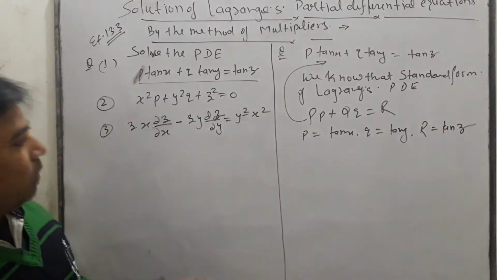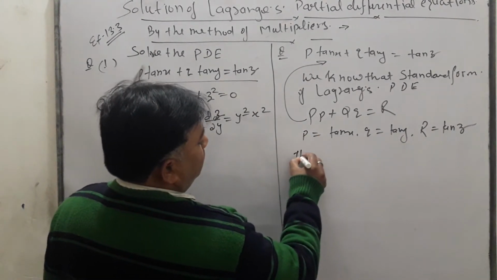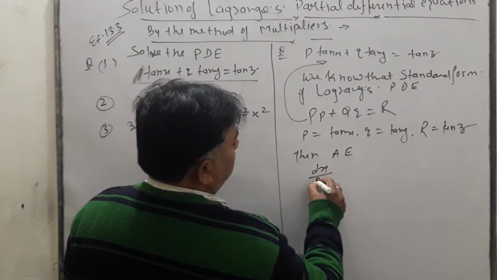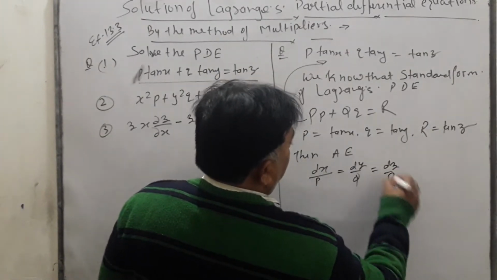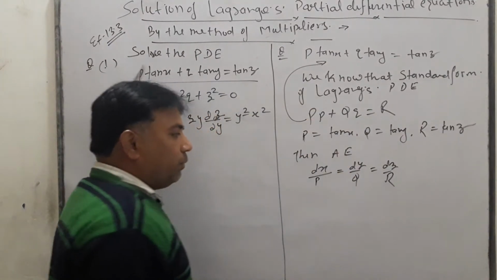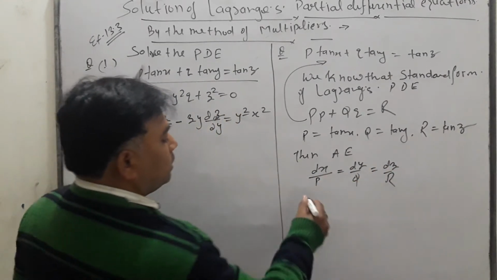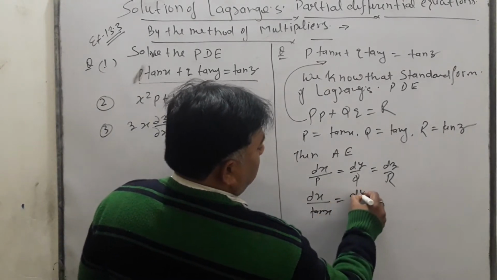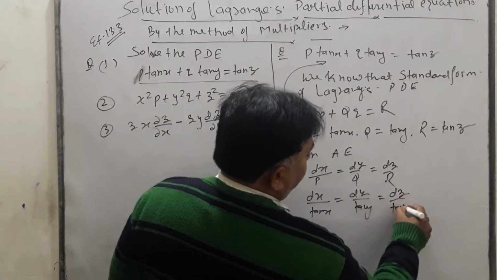After that, write down the auxiliary equation of this method: dx over P equals dy over Q equals dz over R. Write all the values of P, Q, R in this equation: dx over tan x equals dy over tan y equals dz over tan z.